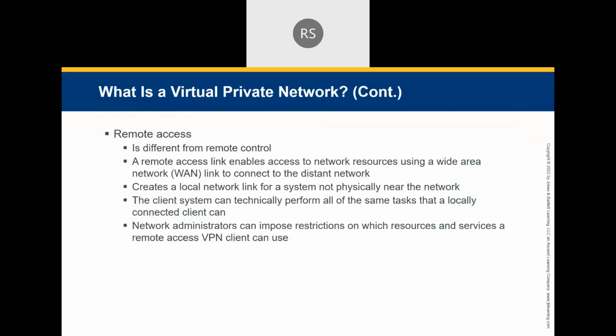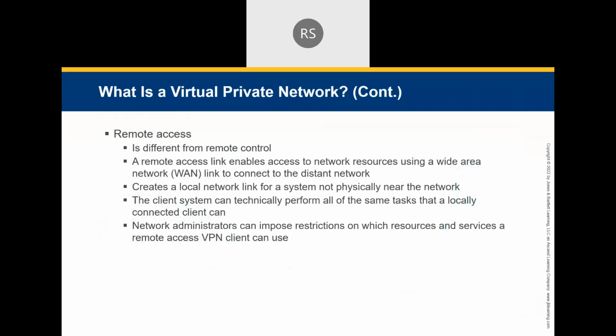Now, remote access is different from remote control. These are two distinct concepts within VPNs. A remote access link enables access to network resources using a wide area network link connecting to a distant network.